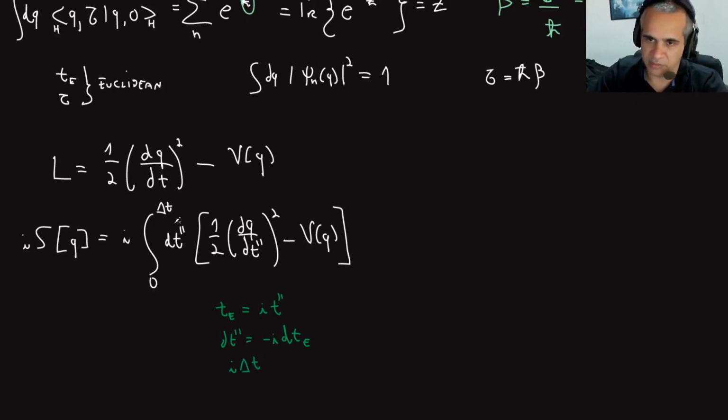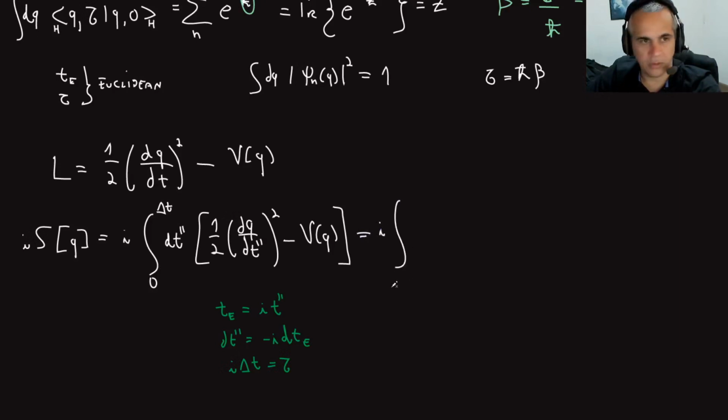When t'' is Δt, t_E will be i Δt, which of course is tau, because remember I'm using tau to indicate the range I'm integrating to, and t_E to indicate the variable. My integral now becomes i integral from 0 to iΔt. The integration measure here comes dt_E.